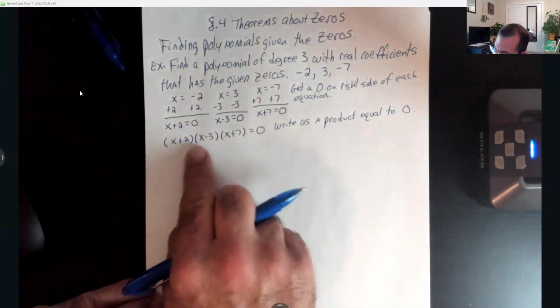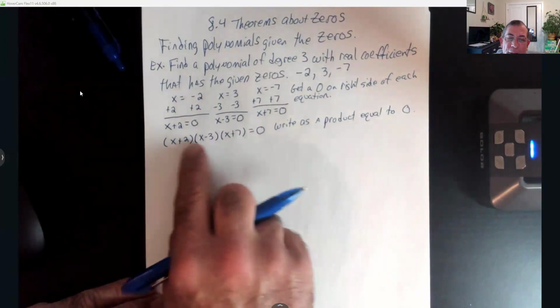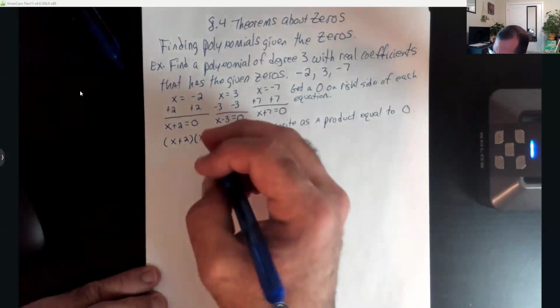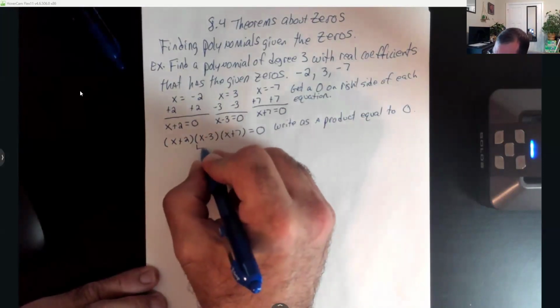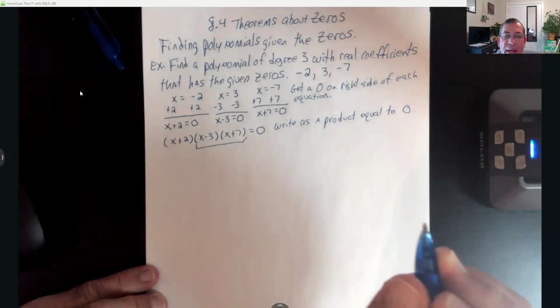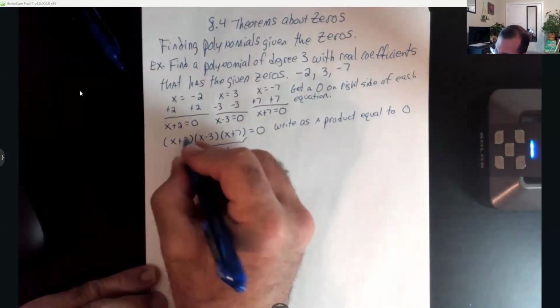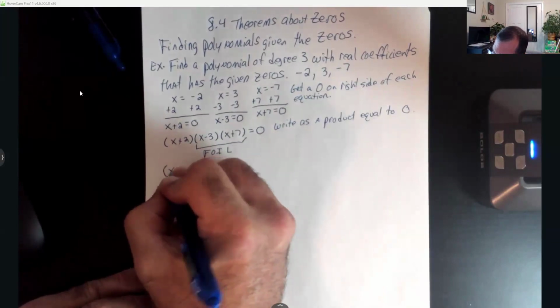So y'all look here. I've got 3 things being multiplied. So what I'm going to do, I'm going to start with the last 2 things and I'm going to FOIL those. So I'm going to bring down x plus 2.